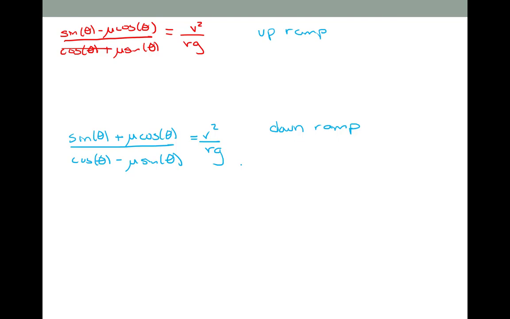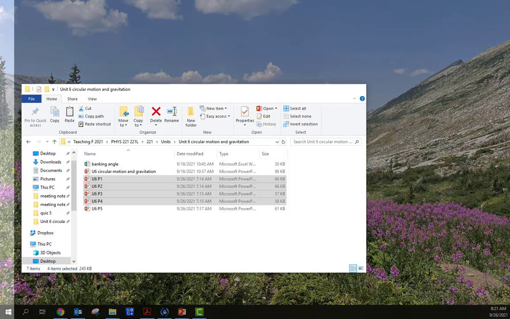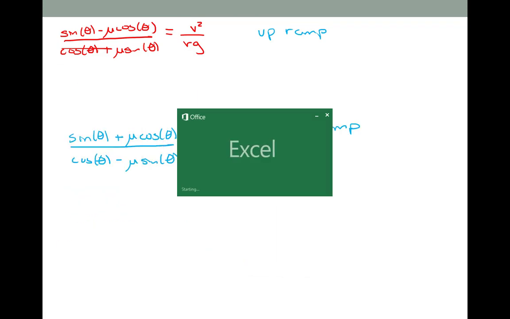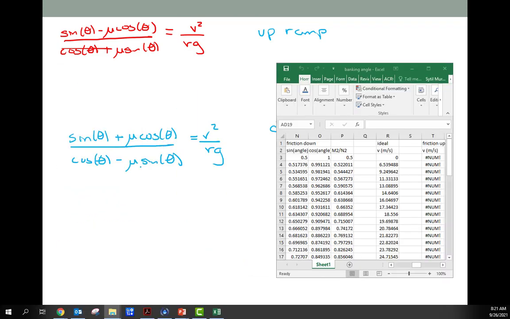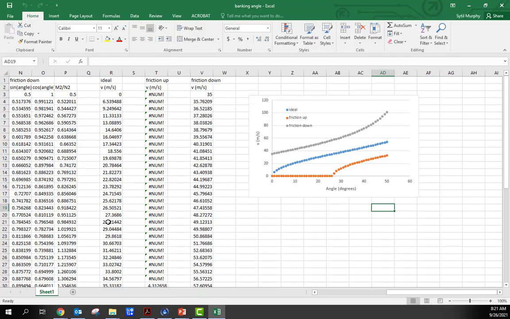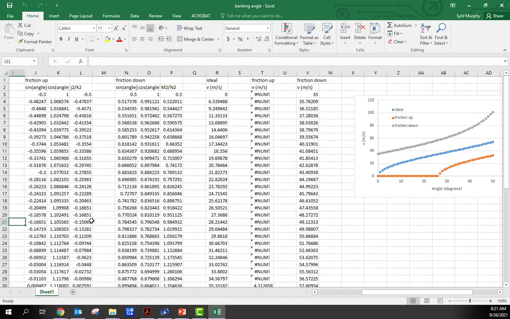And to answer that question, I created an Excel spreadsheet. That Excel spreadsheet is available on Brightspace. I will put it up there for you, but I will open it up here as well. So you can see I have a couple of columns here.